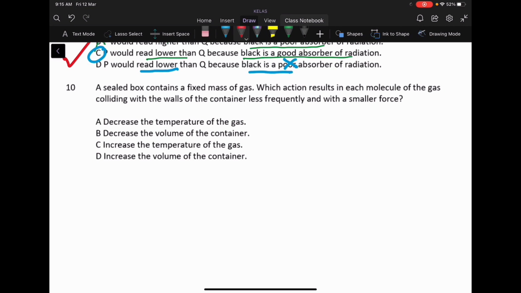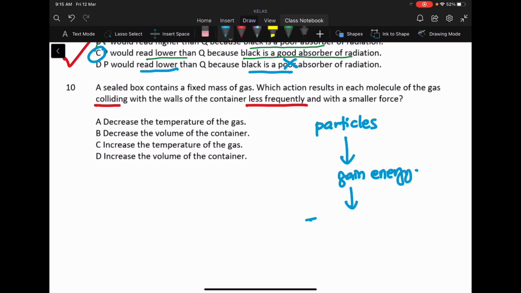So if particles gain energy, it will have high temperature and collide more.